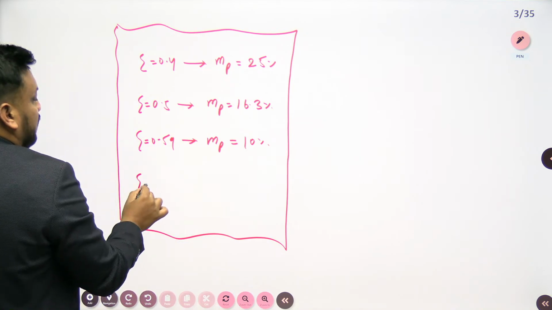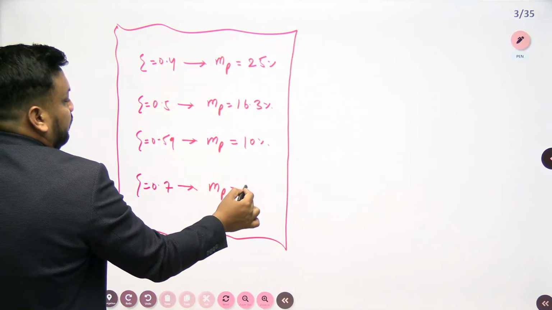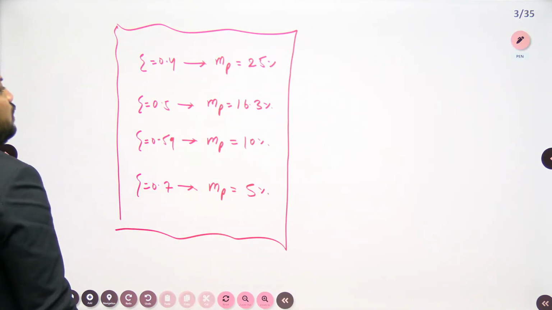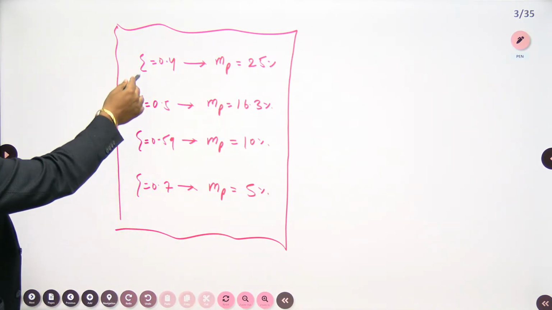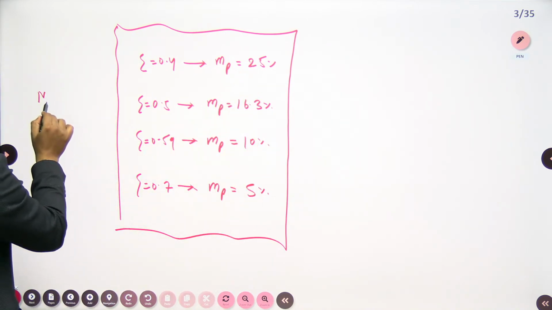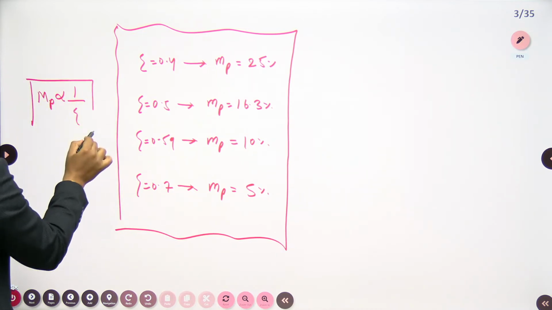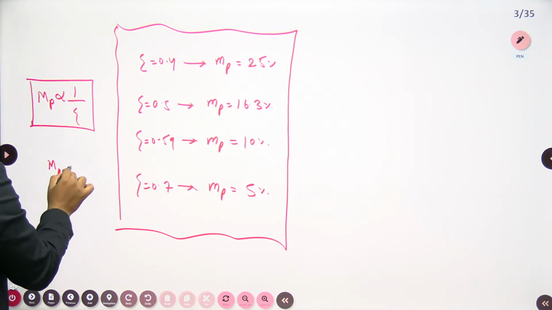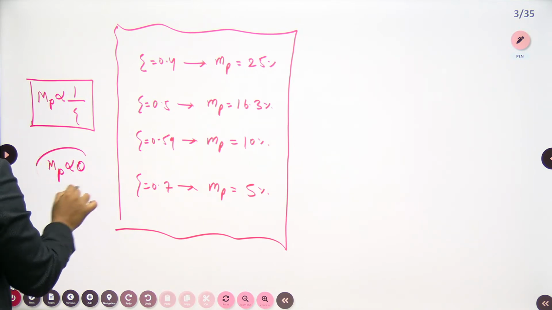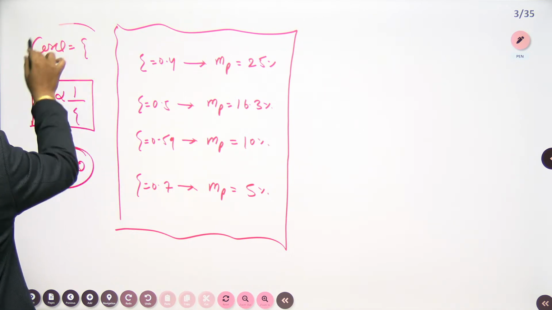And if your zeta value is 0.7, then your Mp value is going to be 5% approximately. So you can say that as soon as the zeta value increases, the Mp value decreases. And we all know that Mp is proportional to 1 upon zeta, and Mp is always proportional to theta, because we know that cos theta is equal to zeta.